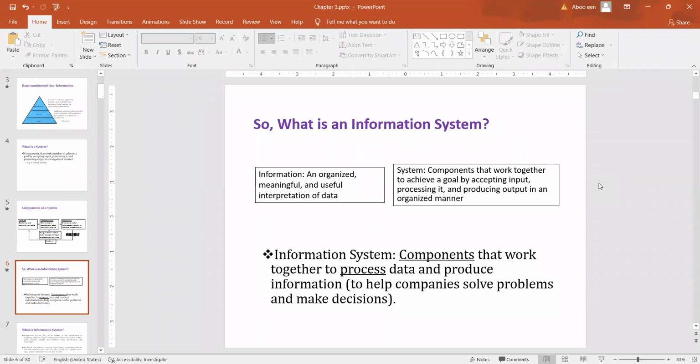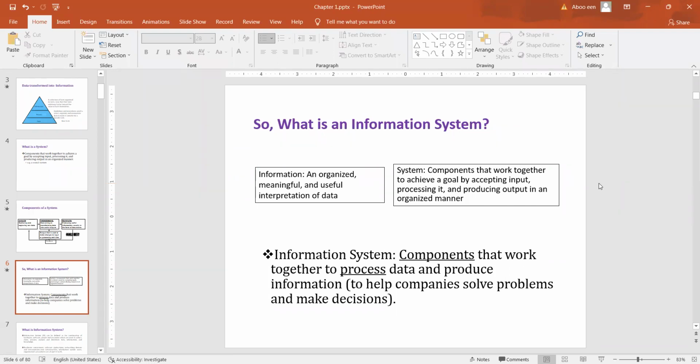The raw facts or raw data are processed, organized or arranged in a systematic and meaningful way. This is called information. And a system is a set of related components that work together to achieve a goal by accepting input, processing it, and producing output in an organized manner.